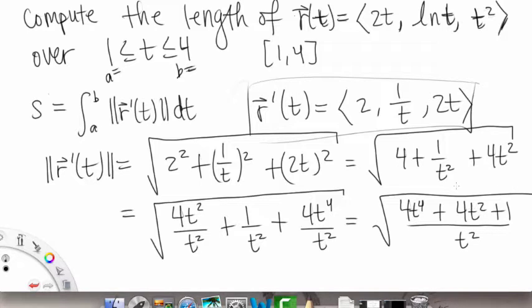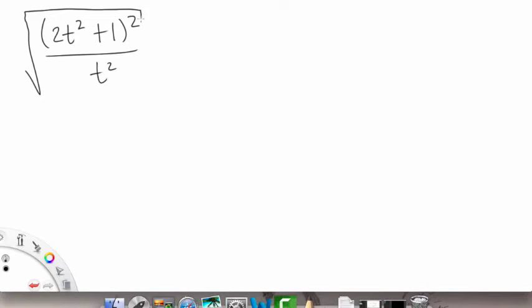Now on top, what we actually have is something that can factor. We have 2t squared plus 1, and that is squared, which is what made our 4t to the 4th plus 4t squared plus 1. Then we have t squared on the bottom and the square root sign still.